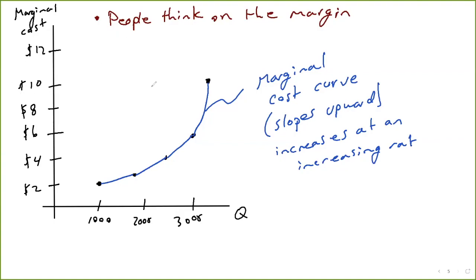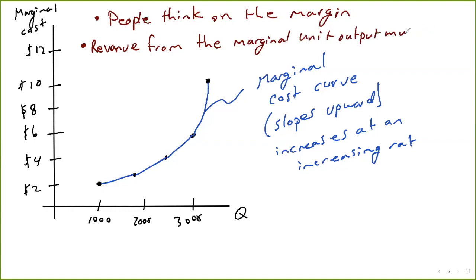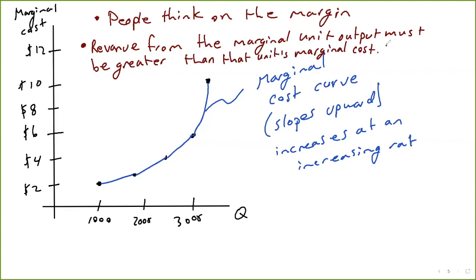That means that that bushel of wheat, the 3,000th bushel of wheat, needs to be sold for at least $10 for it to be worth it, because we know it costs $10 to generate that bushel of wheat. So we can summarize this by saying that the revenue from the marginal unit of output has to be greater than that same unit's marginal cost. Otherwise, that unit won't be produced. If the unit you produce of output can't be sold for more than it costs to make it, then it doesn't make any sense to make it.